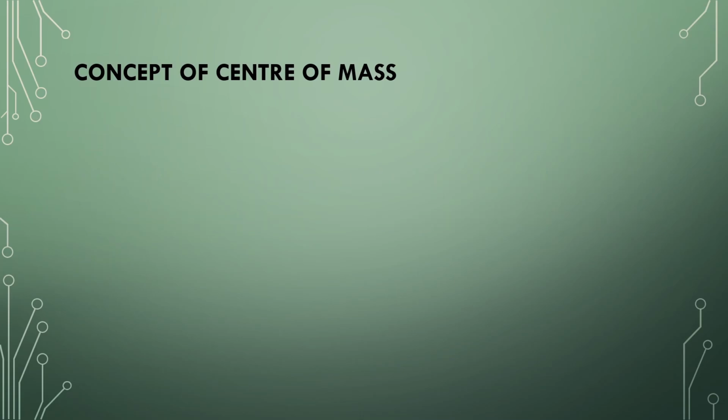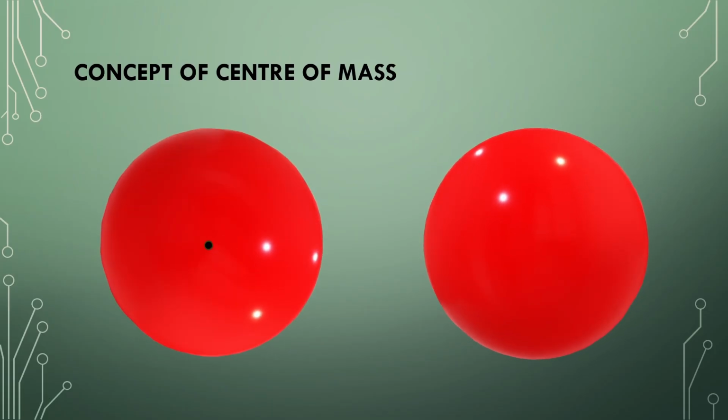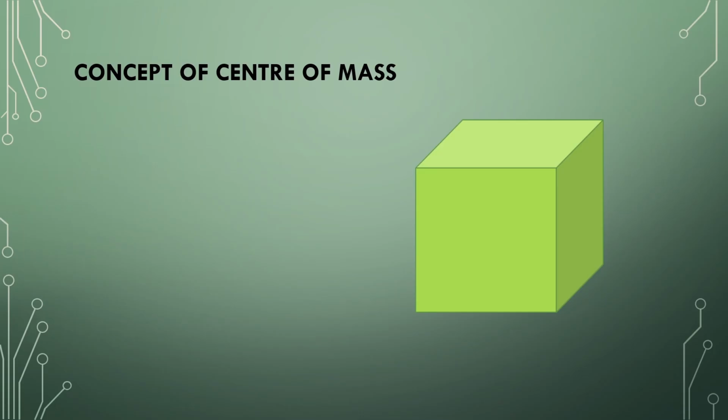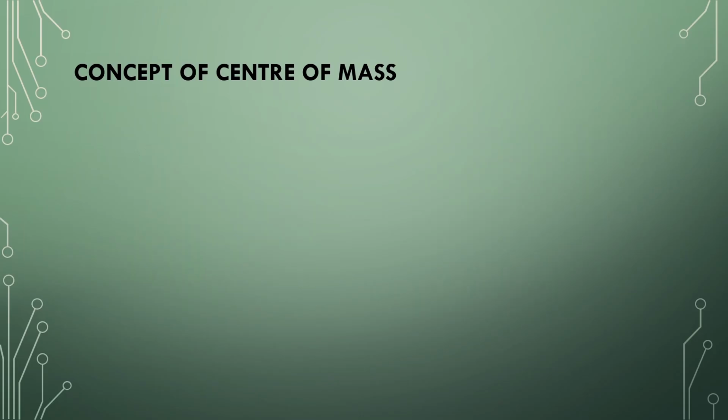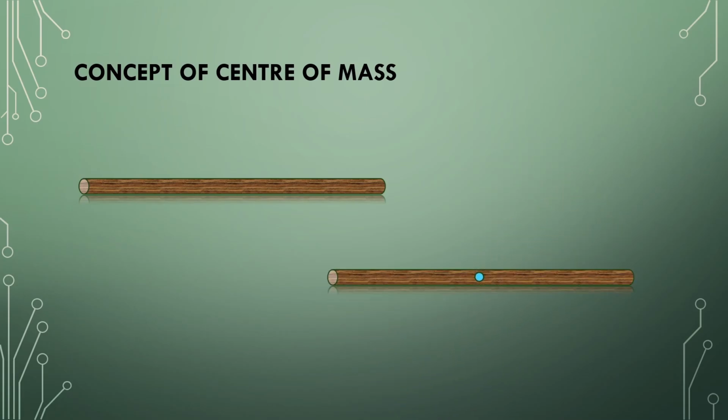If we take symmetrical objects like a sphere, the center of mass lies exactly at the geometrical center. So also in the case of a cube. A cube is also a symmetrical object and the center of mass lies at the geometric center. And if you take a stick of uniform density, there also the center of mass will lie exactly at the center.